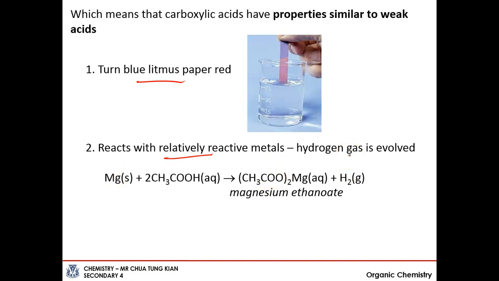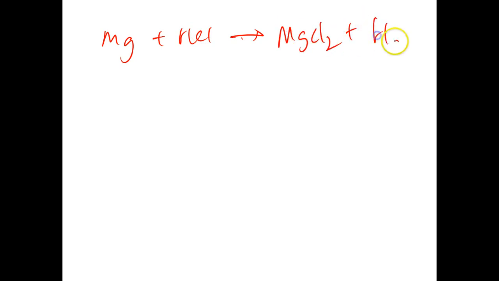This equation here looks complicated, but actually it is quite simple. So let's take a look. If I were to do a similar reaction, Mg plus HCl, I would write acid plus metal gives me salt and hydrogen gas, right?